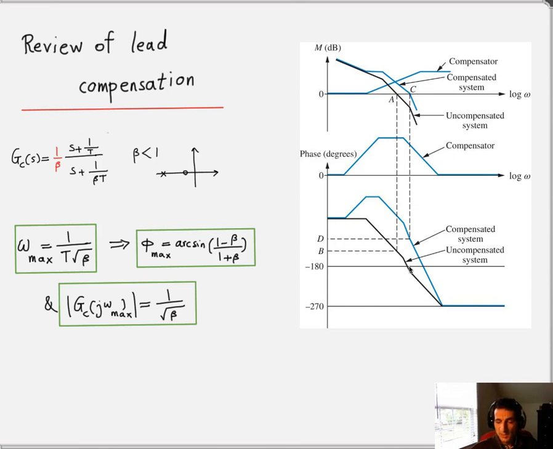At the same time, the phase diagram is also raised, and this results in a larger phase margin and also a larger phase margin frequency. The phase margin frequency goes from A to C, and the phase margin increases from the difference between B and negative 180 to the difference between D and negative 180.